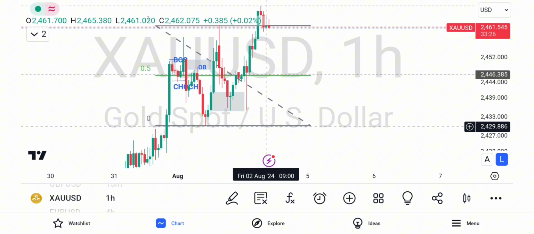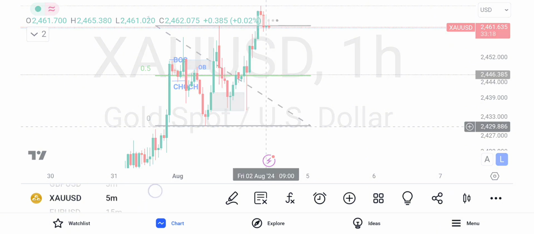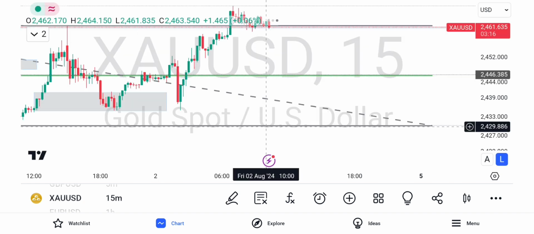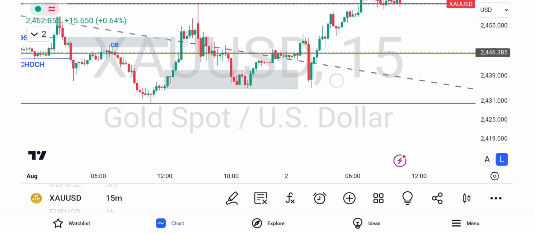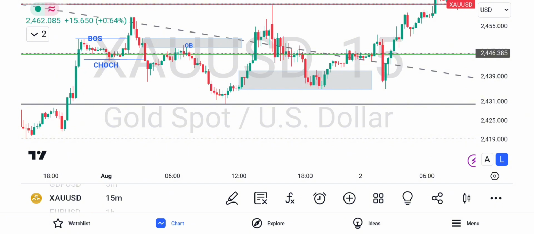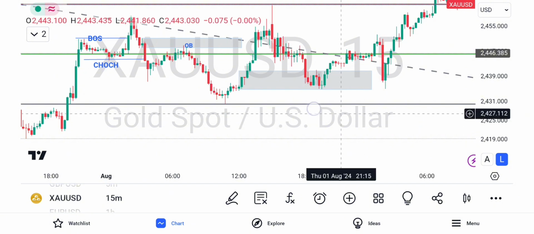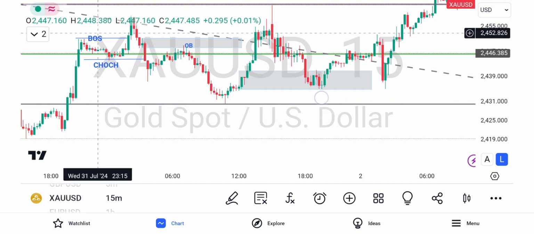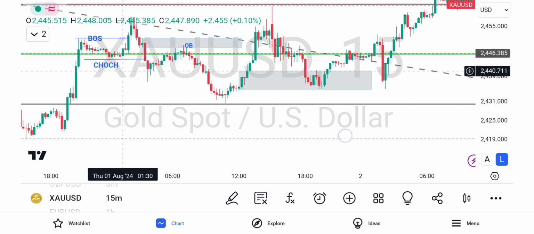That's a longer move. Now there is a disclaimer to that. If price returns back at your discount after your first, remember, look at the first one here where we had this break of structure, change of character.